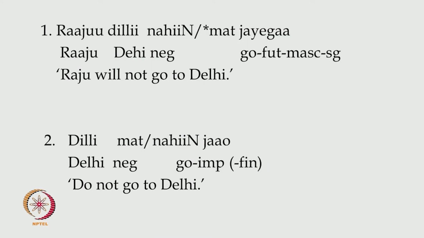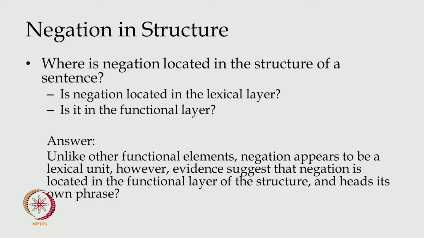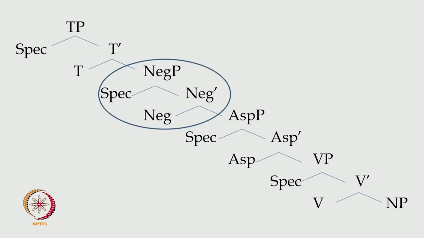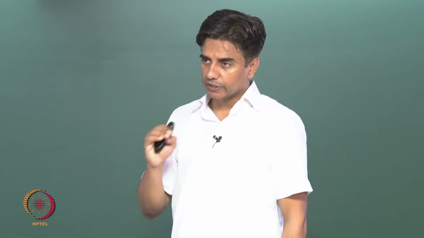Now, we saw the phenomenon that we just discussed with reference to Telugu, how it works in Hindi. Then we questioned the presence of negation in the structure of a sentence, and we saw with examples last time that negation occurs in the functional domain, specifically below tense and above aspect phrase.